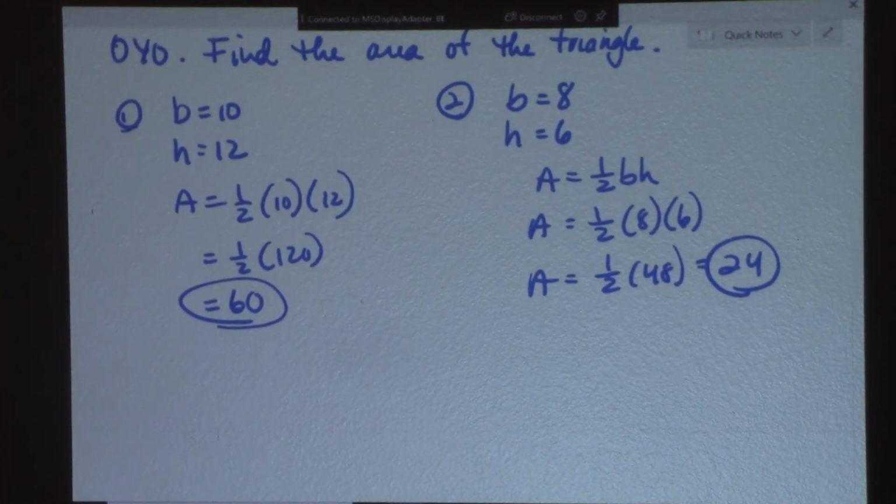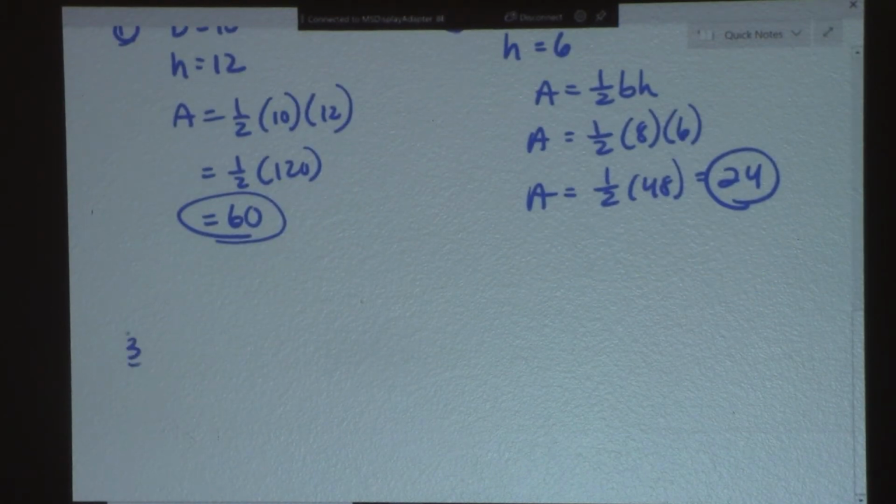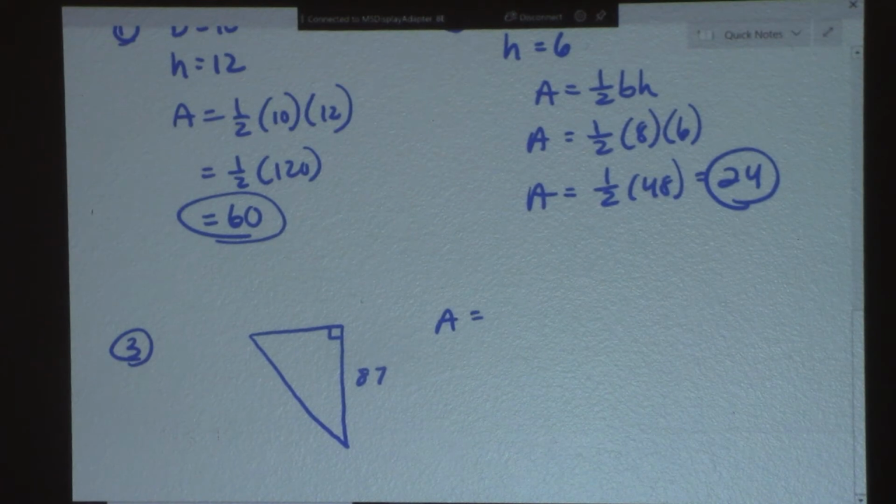And it says, from above, the Flatiron Building in New York has a shape that can be approximated by a right triangle. So this is number 3, and a right triangle that looks like this, and here's our right angle, and it has a height of 87 feet, and the area they give us is 7,525.5 square feet.